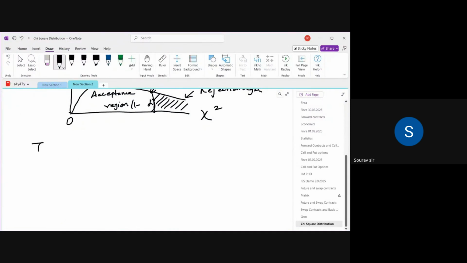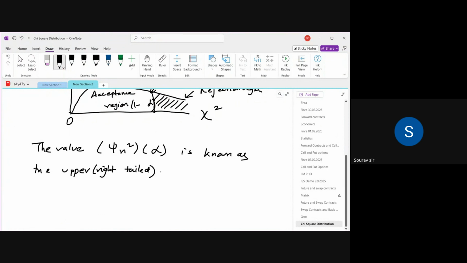So here, this value is known as the upper right tail, the alpha point or critical value of chi-square for n degrees of freedom, and it has been tabulated for different values of n.